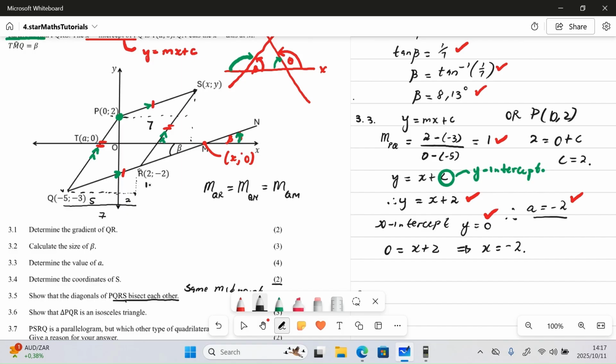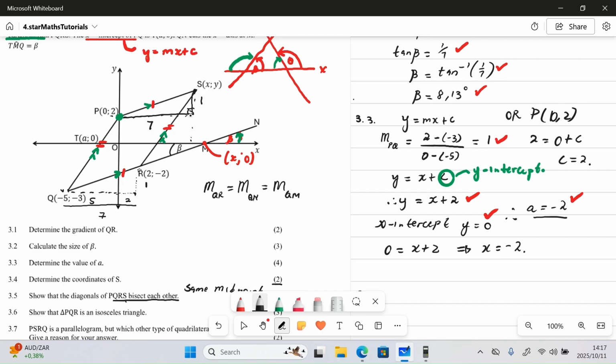Then 3 minus 2 is 1. The same distance I must travel when I go to S, because PS is equal to QR. So if I want to go along PS, I need to move 7 units horizontally. Then how many units up? Same distance, 1 unit up.